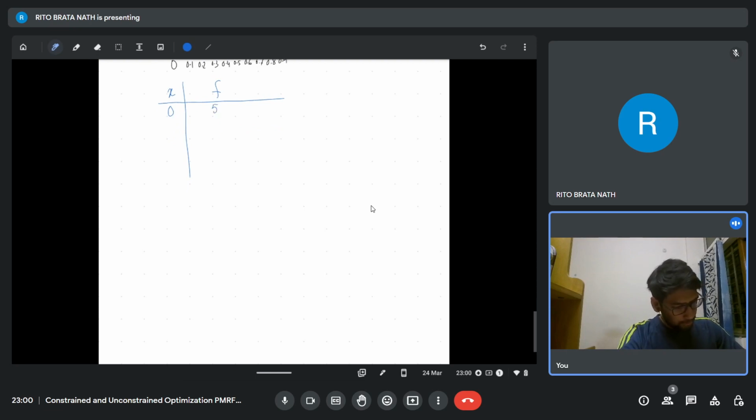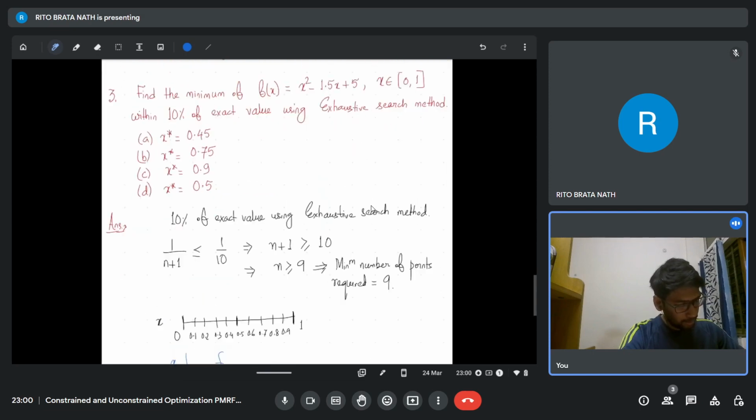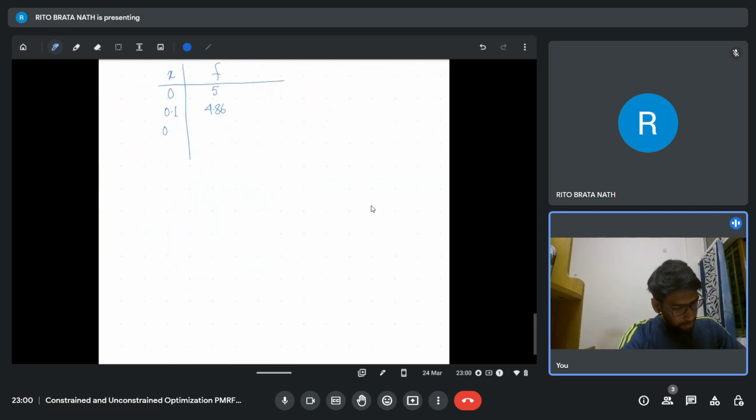At 0.1, it is 4.86. Let me just quickly check whether I'm doing it correctly or not. Then at 0.2, it is 4.74. At 0.3, it is 4.64. At 0.4, it is 4.56. At 0.5, it is 4.5.